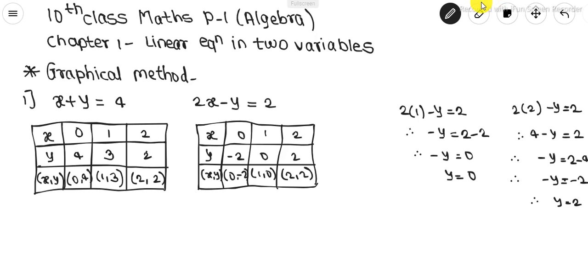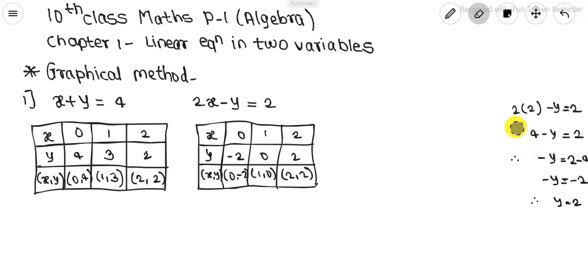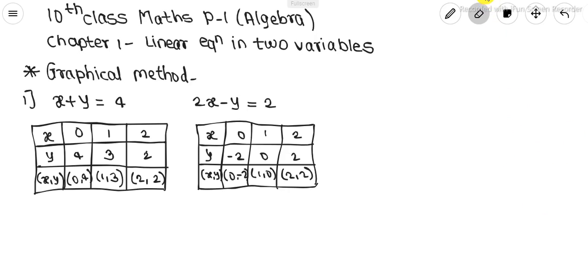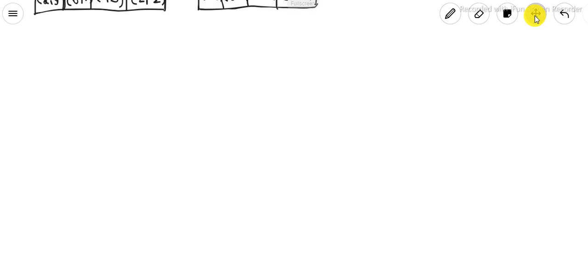I will draw the graph by using these coordinates. It is a rough calculation, so I rough it. Now we draw the graph for the given linear equation by using the given coordinates.